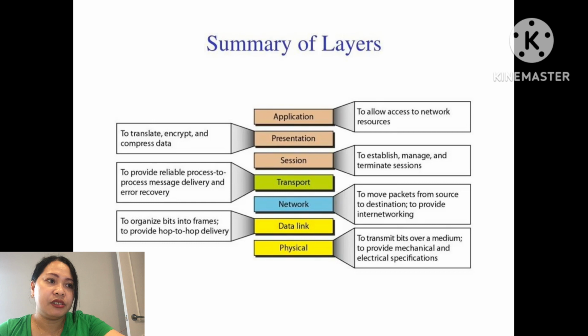Summary of the layers: to translate, encrypt, and compress data; to provide reliable process-to-process message delivery and error recovery; to organize bits into frames and provide hop-to-hop delivery; to allow access to network resources; to establish, manage, and terminate sessions; to move packets from source to destination and provide internetworking; to transmit bits over the medium and provide mechanical and electrical specification.